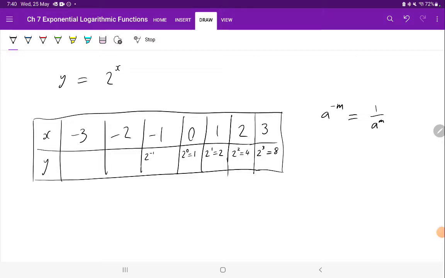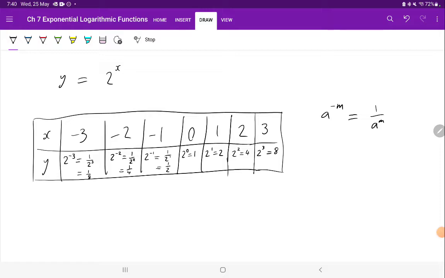So it's going to be 1 over 2 to the 1, which is just a half. And then we're going to get 2 to the -2, which is 1 over 2 squared, which is a quarter. I would guess the next one would be an eighth, but it's good to check. 2 to the -3 equals 1 over 2 to the 3 equals an eighth.